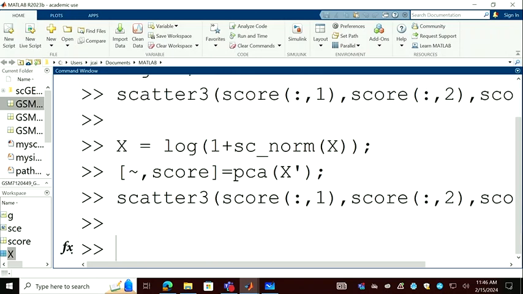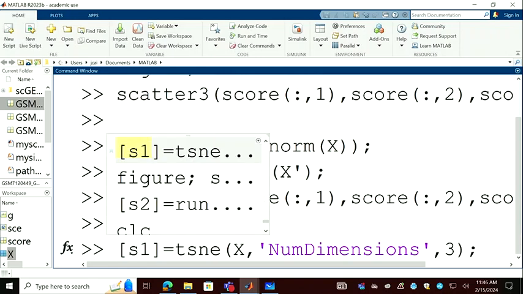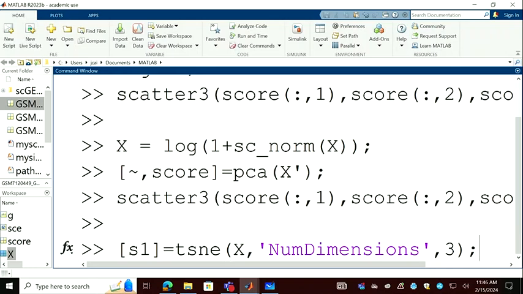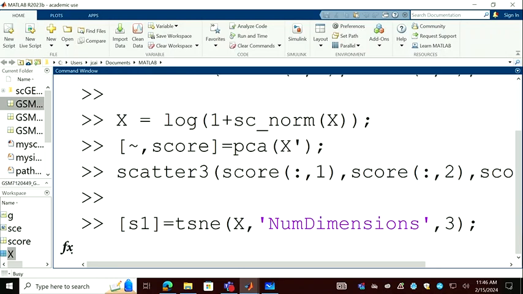Now, let's run t-SNE. Oh, yes. So that will be terrible, and I will get a result for all the embedding for the genes, because I forgot to transpose this.